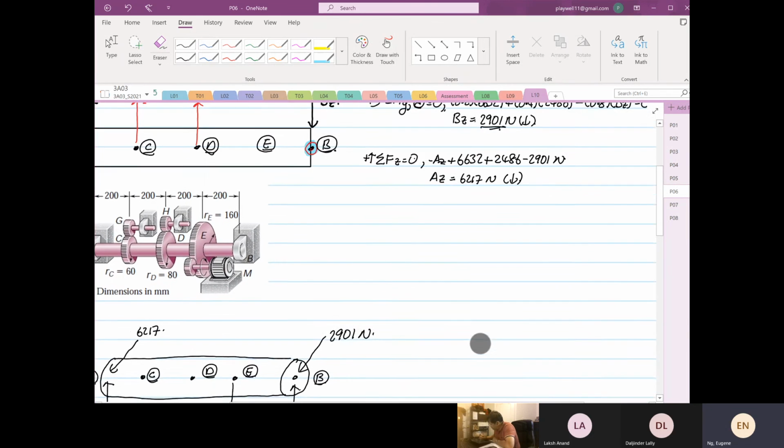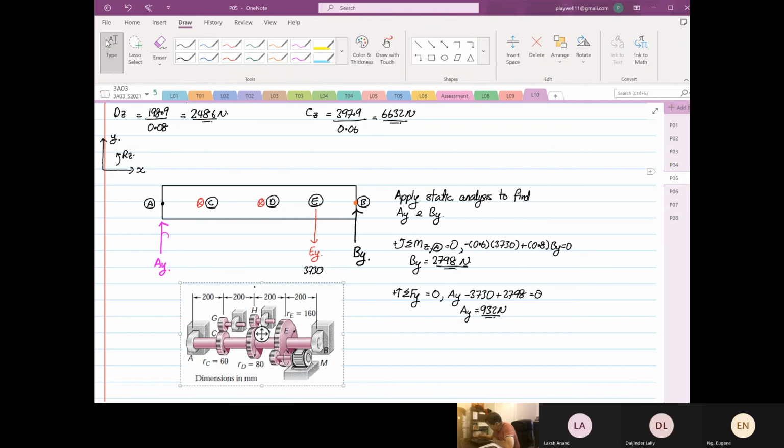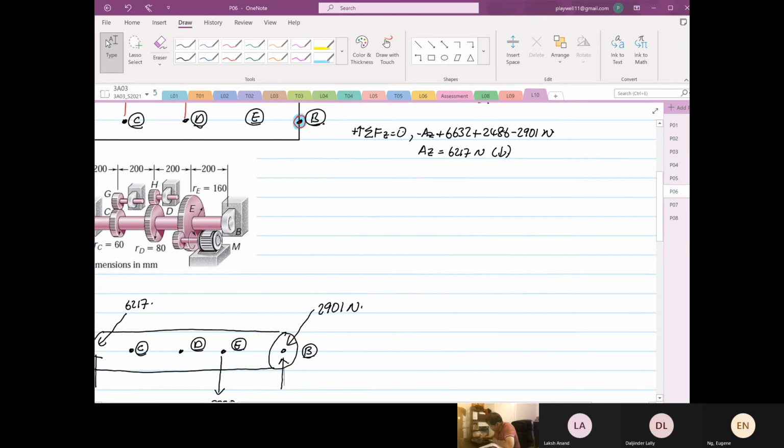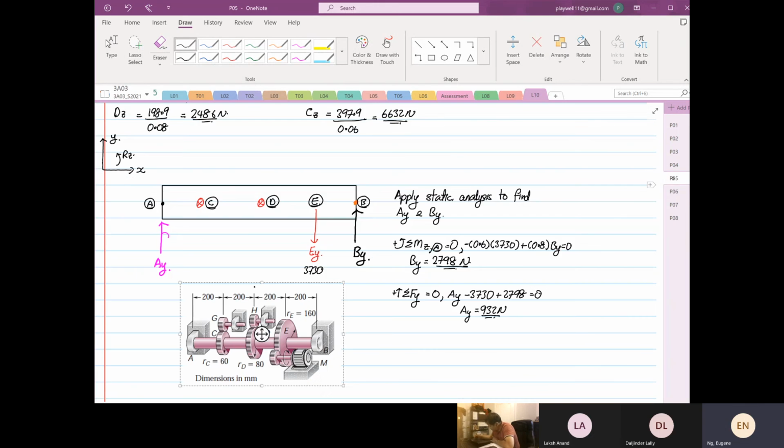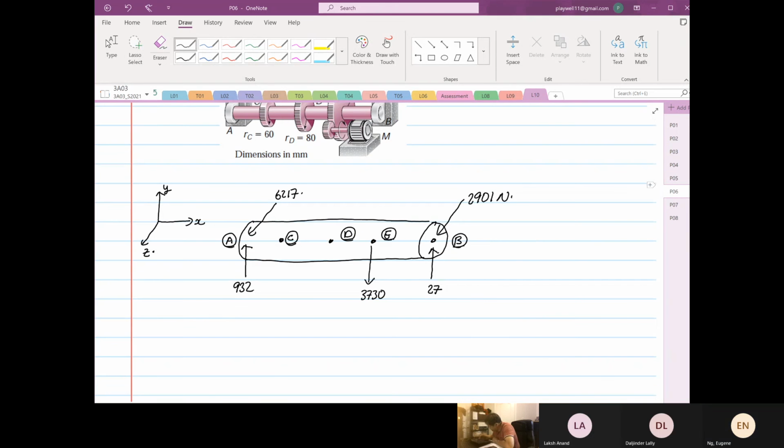AY is equal to 932, and this one is 2798. And then we have forces that are pulling in this way.